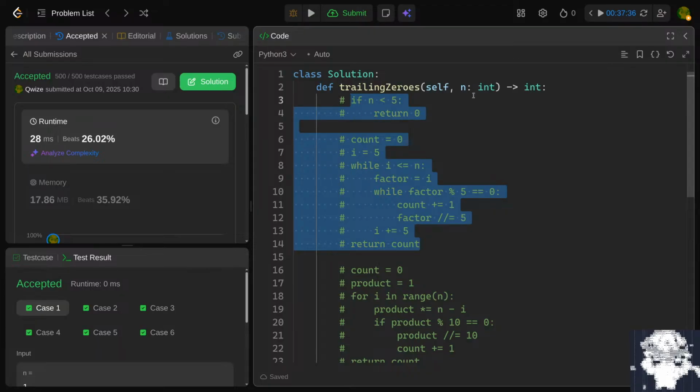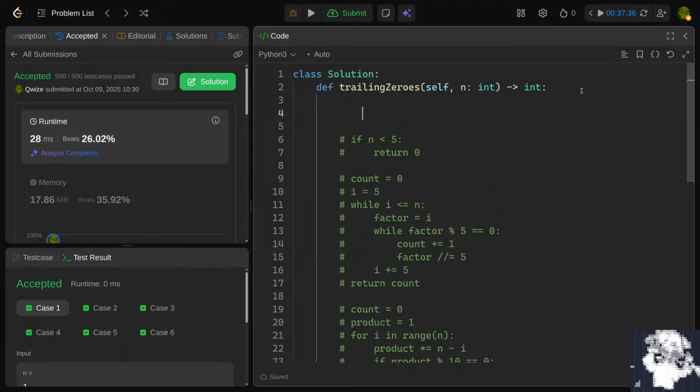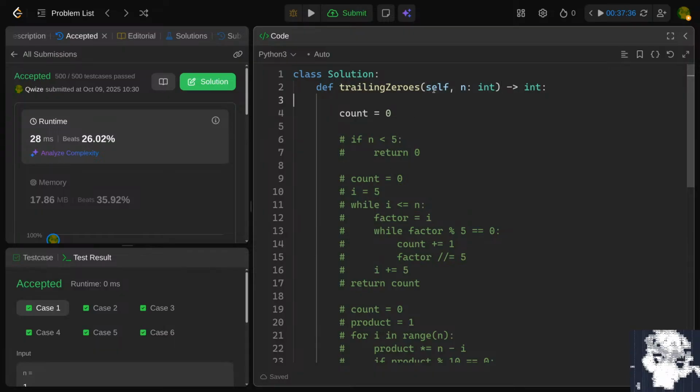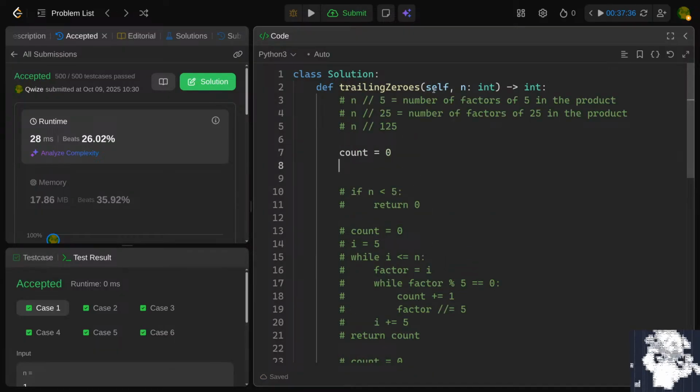So now there's no, okay, I guess there still is some iterating. You just go count equals 0. I want to bring this up here so I can look at it. N over 5, so count plus equals this. Then you want to keep doing that.